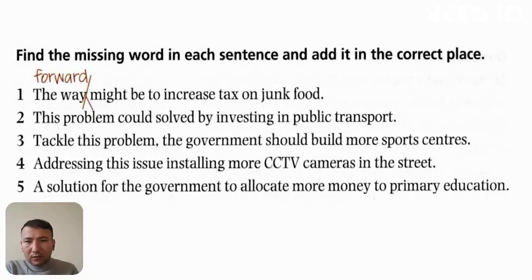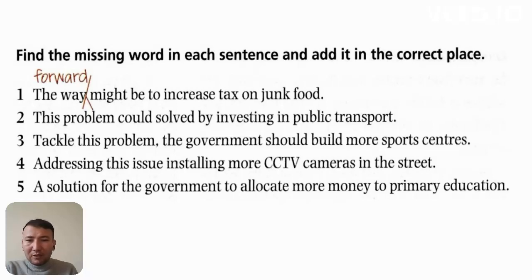Here we have: find the missing word in each sentence and add it in the correct place. The first has been done for you. The way forward might be to increase tax on junk food. Second, this problem could be solved by. Third, to tackle this problem.